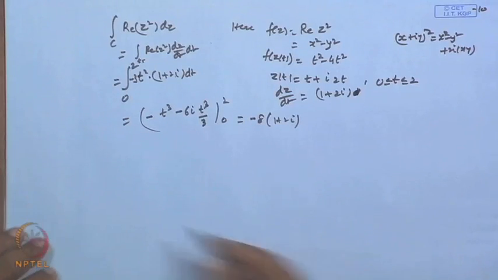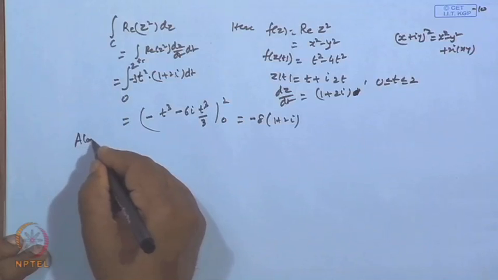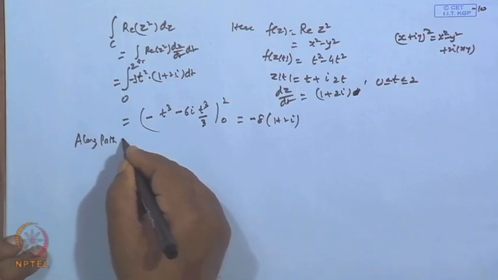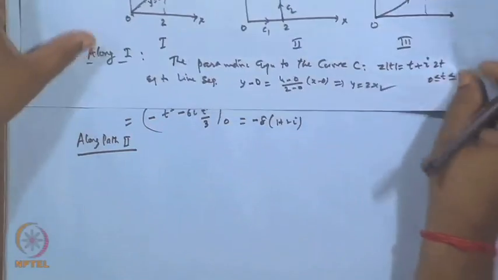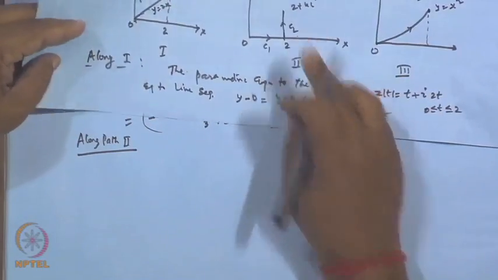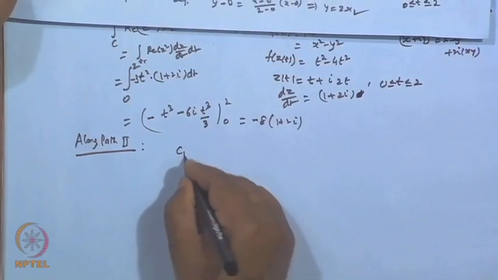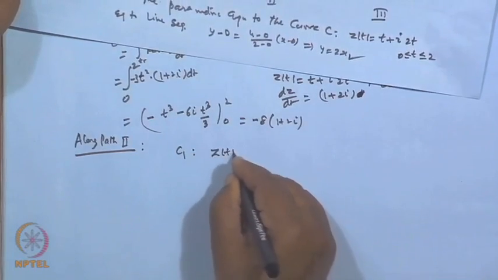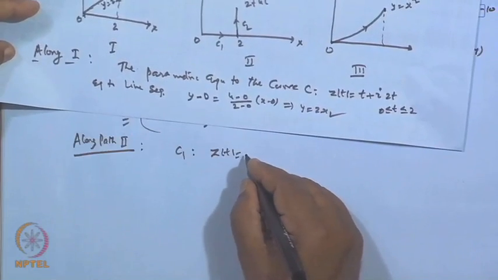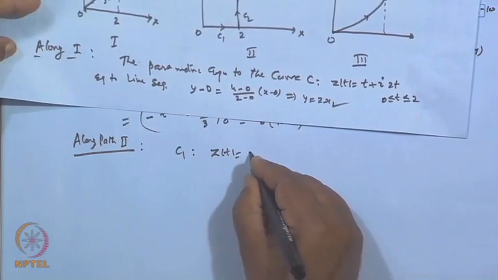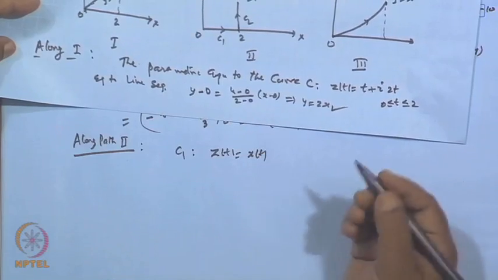This will be the result along the straight path. Now, along path 2, the first path is C1, then C2. So, along C1, in the parametric equation of the curve z(t), the y coordinate is 0, so only the x coordinate remains: x(t) only, with y 0.